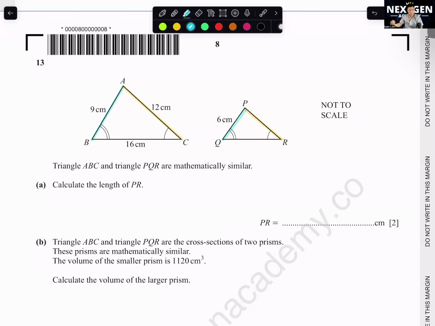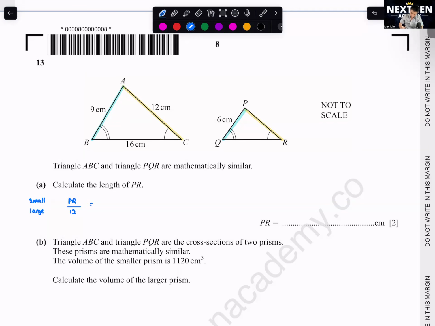We're going to use the same exact method again, the ratio method. But this one is under similarity. So PR, you put at the top of the equation. PR over 12. All your small values you put here, all your large values you put at the bottom. That means the small triangle and large triangle. So this two is the yellow side.